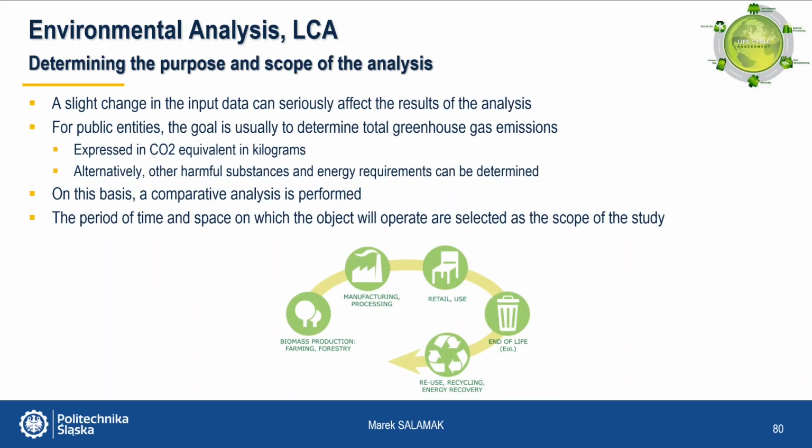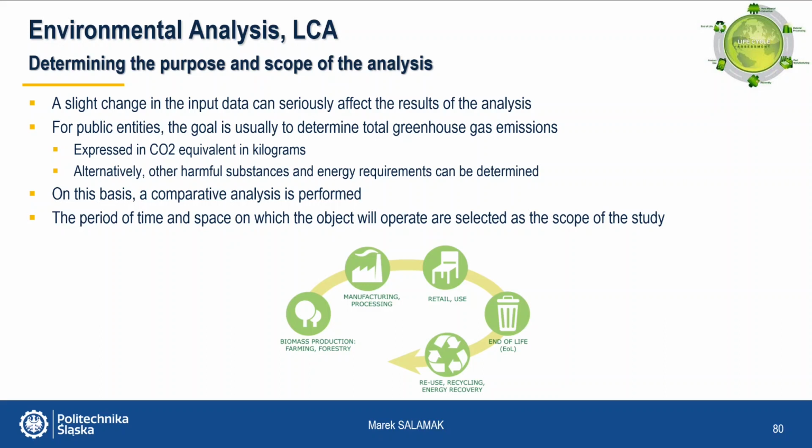The first component is to define the purpose and scope of the study, along with the assessment categories taken into account. This is important because even a small change in the input data can seriously affect the analysis results.